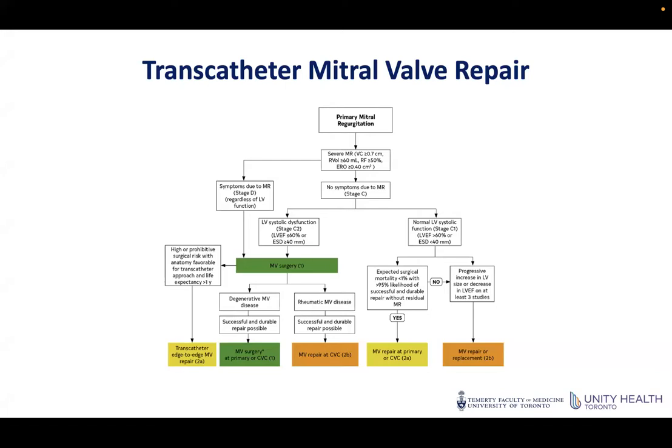It's not so unpredictable as maybe a few years ago, where a moderate regurgitation was considered to be more or less like a reasonable success. You can really be fairly effective in reducing to trivial, mild mitral regurgitation.